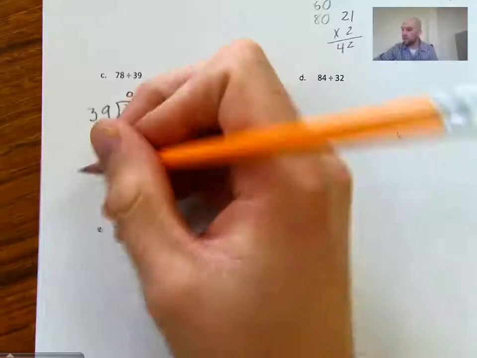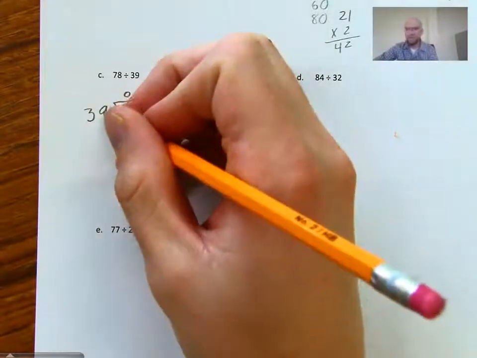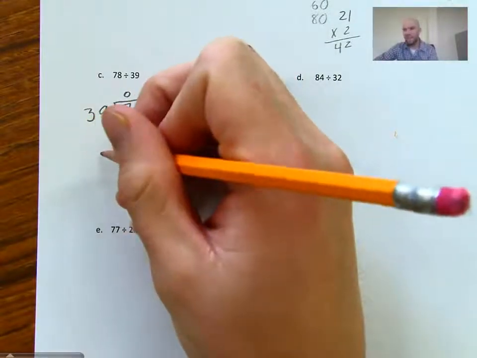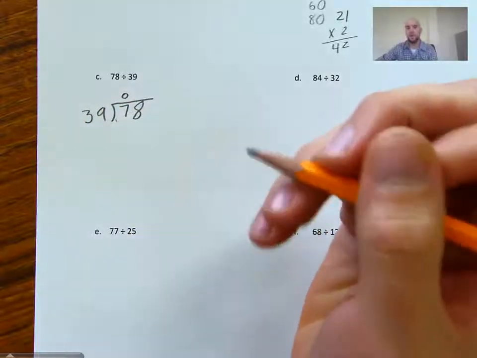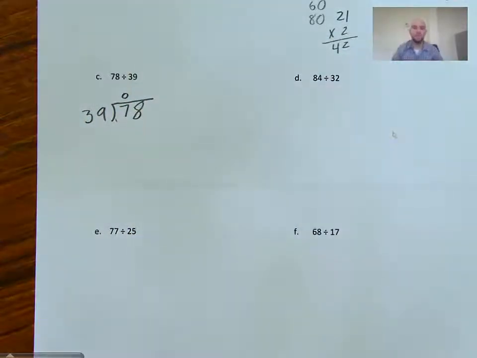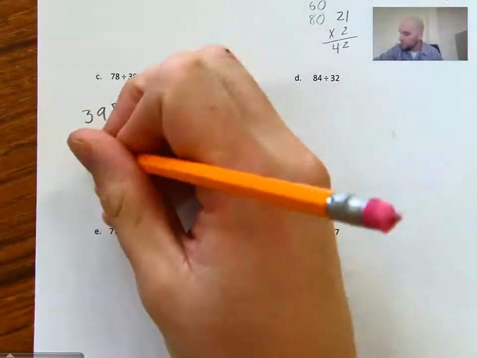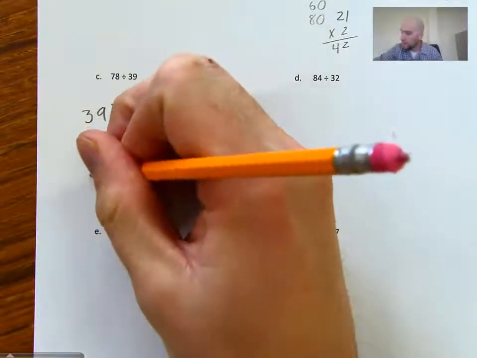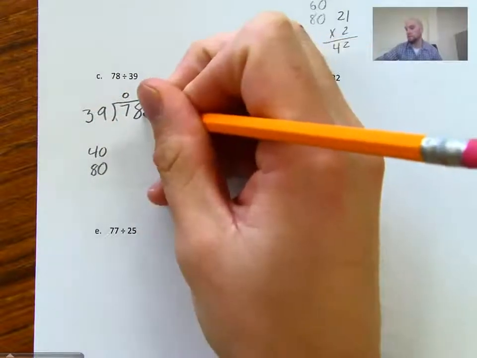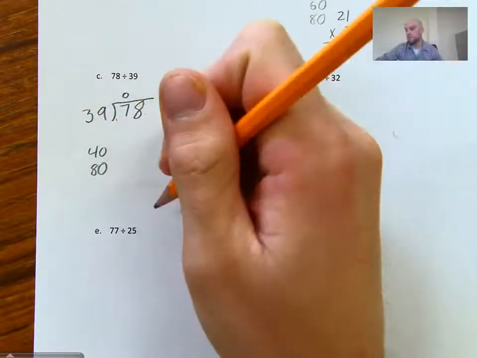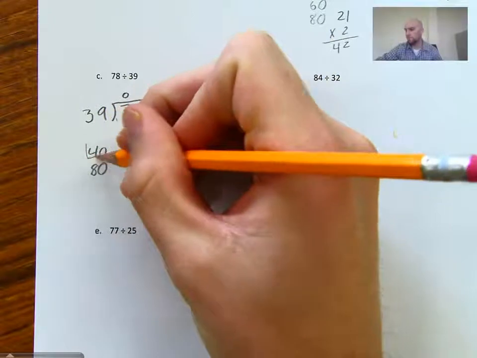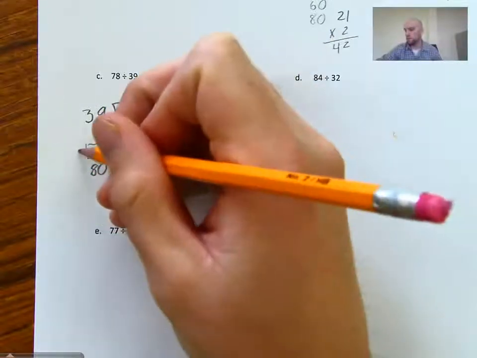39 can go into 78. It's smaller than 78. So if I go 39, I want to round that to something close that's easy to skip count by. So I'm going to change it to 40. 40, 80. Well, 80 is larger than 78. So, maybe I go 40 times 1.